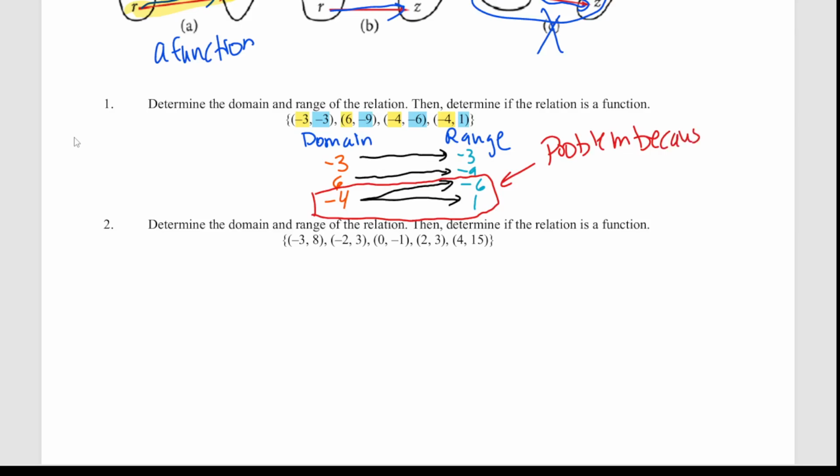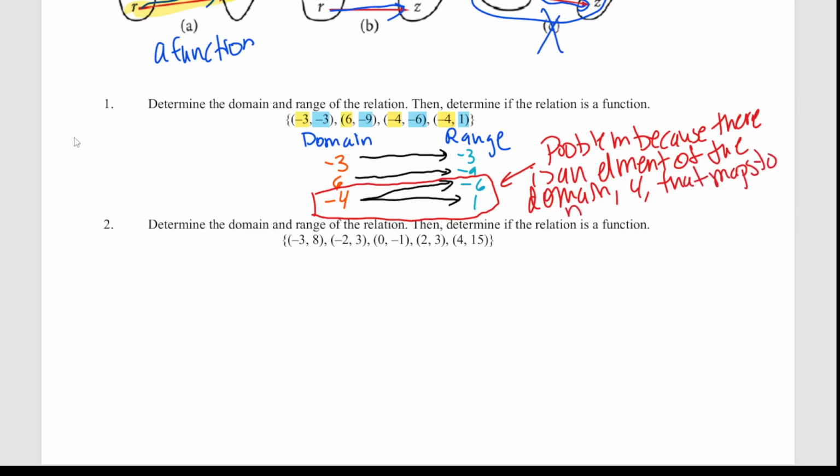because there is an element of the domain that maps to more than one element of the range.